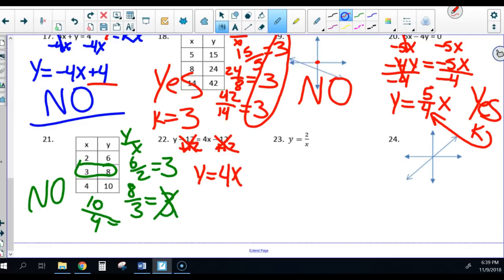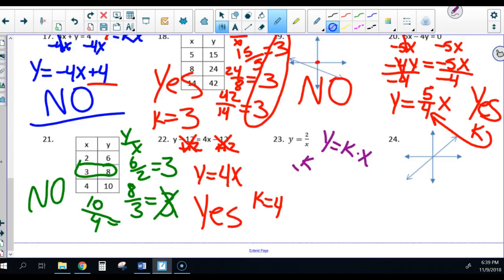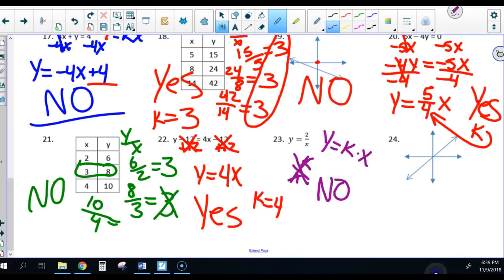And there we go. That is y equals kx. This is a yes. K equals 4. 23, y equals 2 over x. Well, y has to equal k times x for a direct variation. It cannot be k divided by x. That's not the same, so not a direct variation.